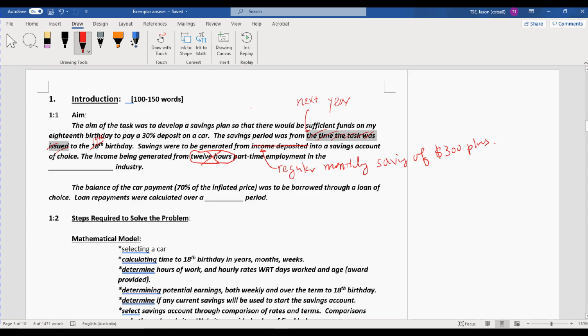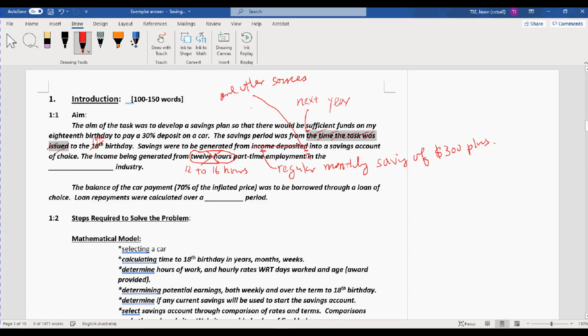So the income being generated, it's not 12 hours. You might say from 12 to 16 hours of part-time employment, and also there is other income, so you might add something here. You might say, and other sources, if there are any.